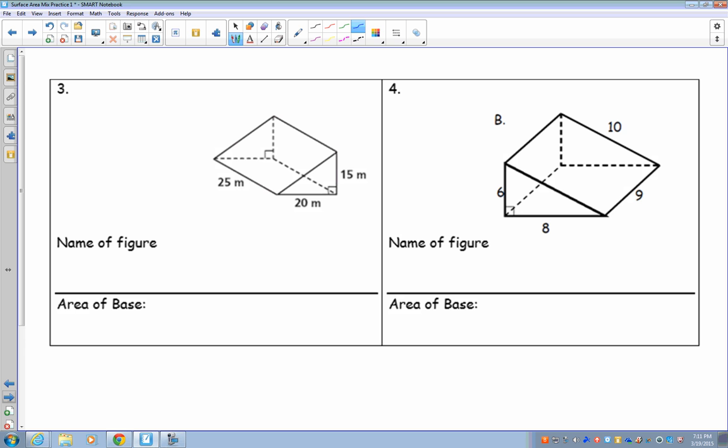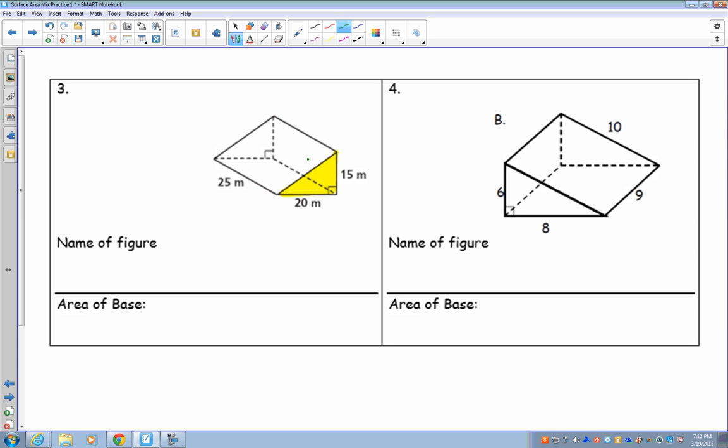Now, on number 3, same premise, same type of problem. Again, our base is the triangle. So I have the base and the height of the triangle, or the legs of the triangle. Again, you're going to need to use the Pythagorean Theorem to find the missing side.